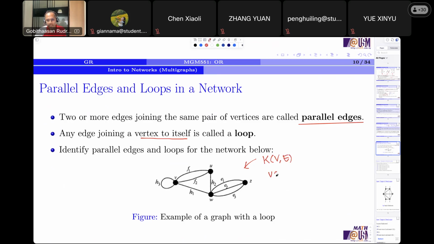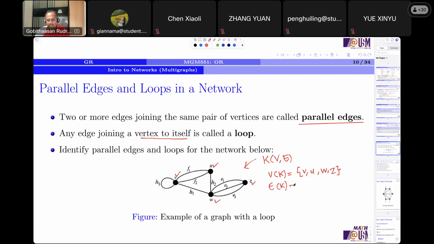And now V(K) represents the set of vertices. What are they? They are V, K, U, W, and Z. So that is the vertex set. And then we have the edge set.